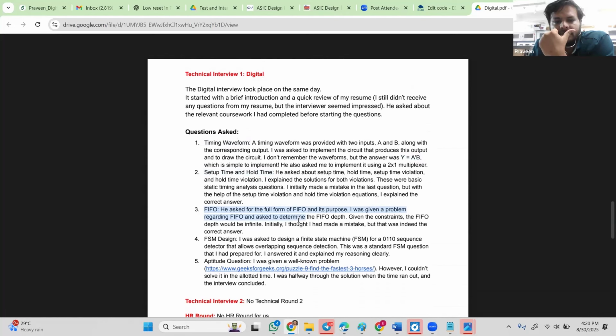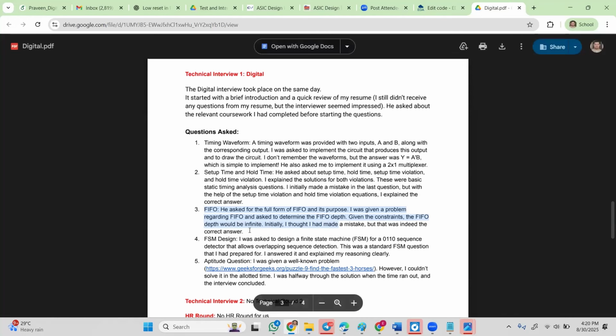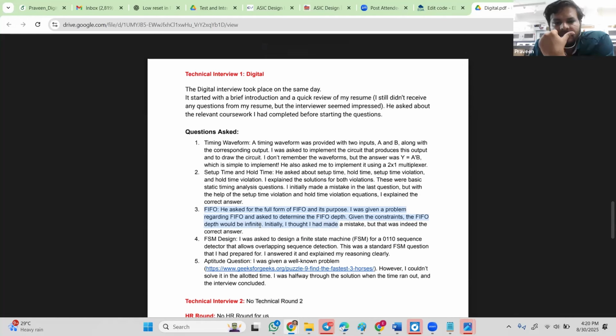Problem regarding FIFO depth. Given the constraint, FIFO depth would be finite or infinite. Initially, I thought I made a mistake, but it was indeed the correct answer. FIFO depth maybe infinite also.